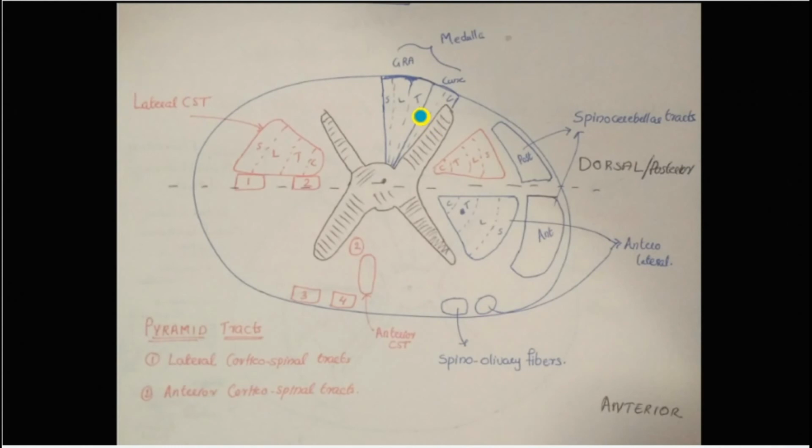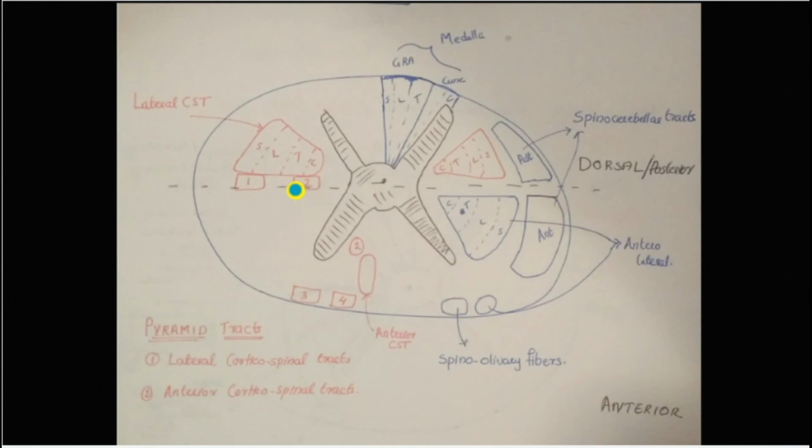So these are the sensory tracts in the spinal cord: gracilis fasciculus and cuneatus fasciculus in the dorsal column, and we can see the anterolateral system, that is the lateral and anterior spinothalamic tract, and the posterior and anterior spinocerebellar tract, and here is the spino-olivary.